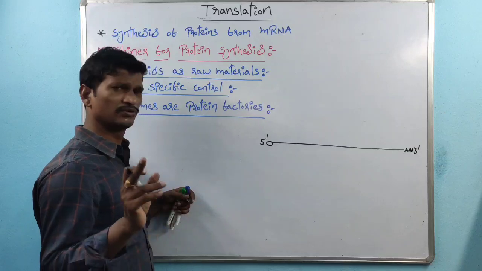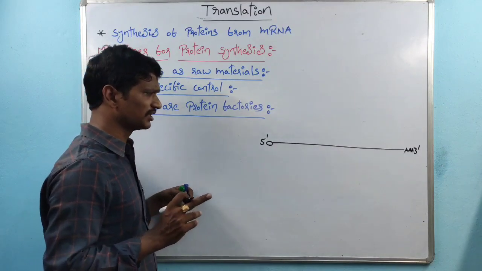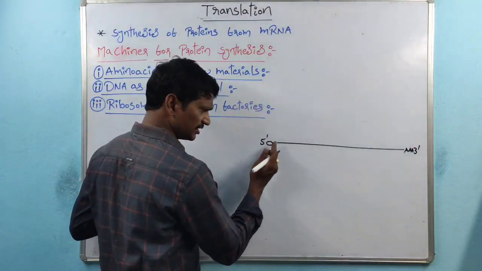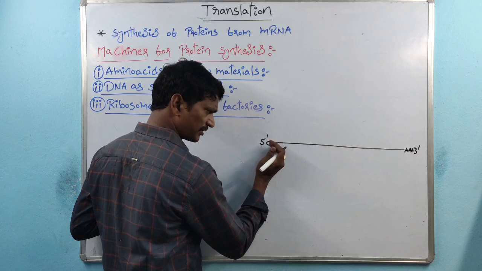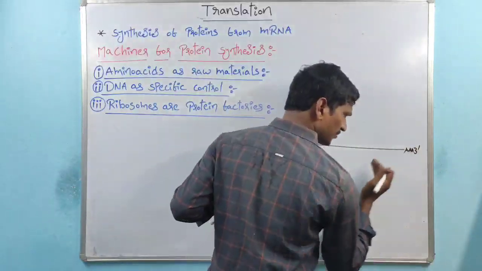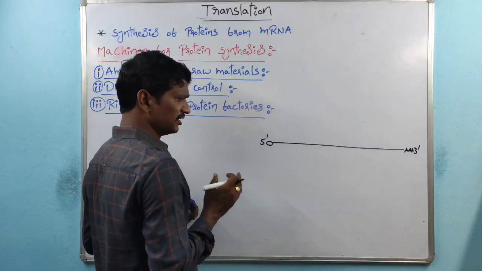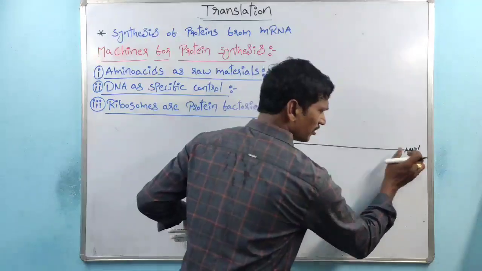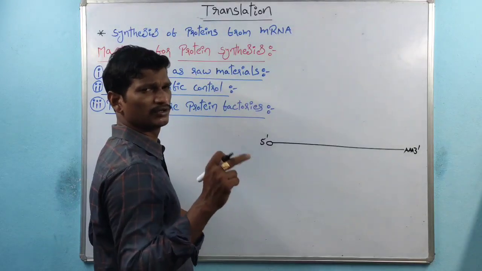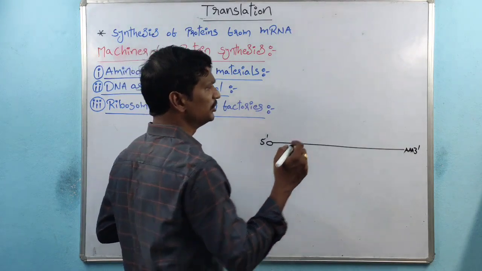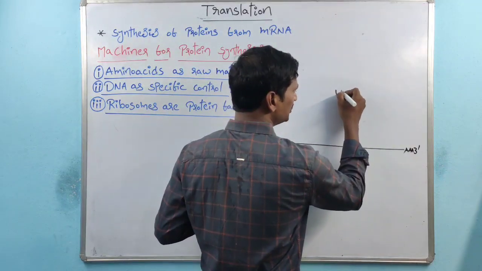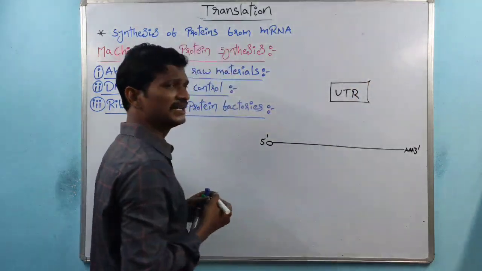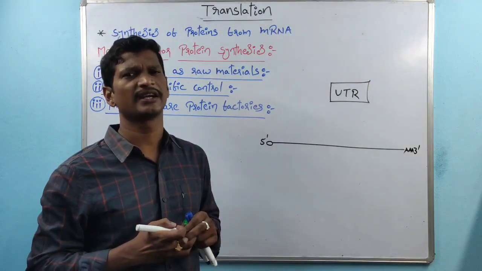And I would like to explain one more point here. Suppose this is the mRNA. Suppose this is the cap region, and this is the tail region. Along with the cap and along with the poly A tail, UTR regions are present within the mRNA. UTR means untranslated regions.